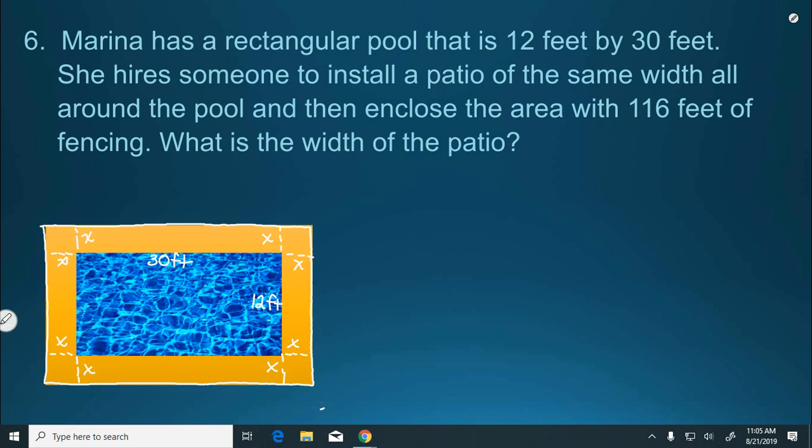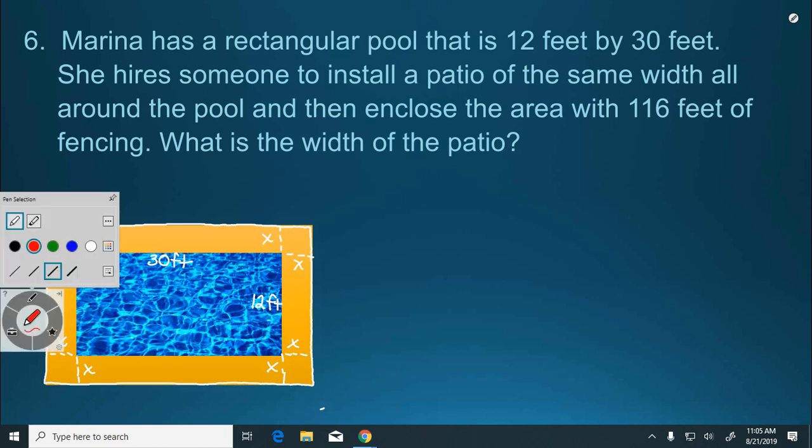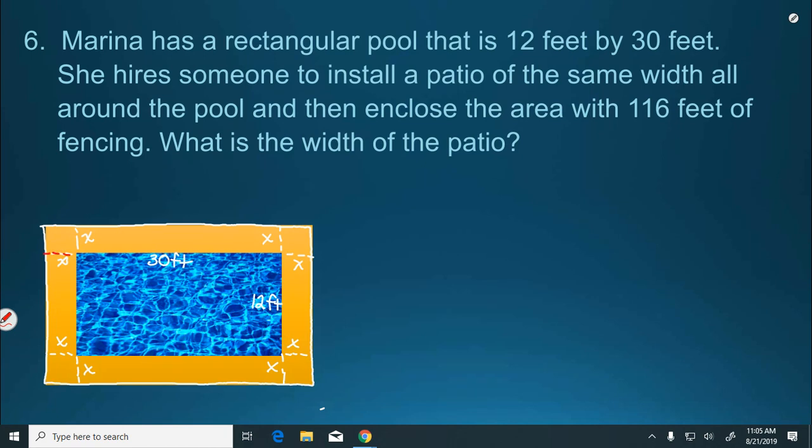So if we go across here, this is x, this is 30, and this is x. So to write an equation, or an expression rather, for this whole length across, I need 2 x's and a 30. So it's 2x plus 30.